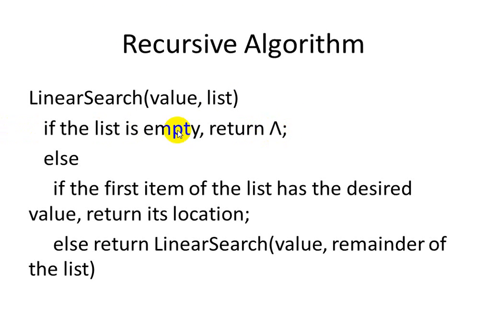This is great for an algorithm because we're not worried about the program. We just simply say return an error, and then when we program it, we would have to deal with how we handle that error. Else, if the first item of the list has the desired value, return its location. Else, return linear search value remainder of the list. So keep going through the list.